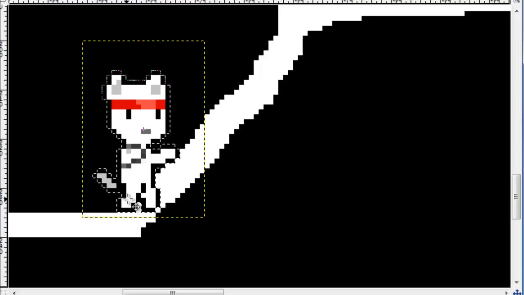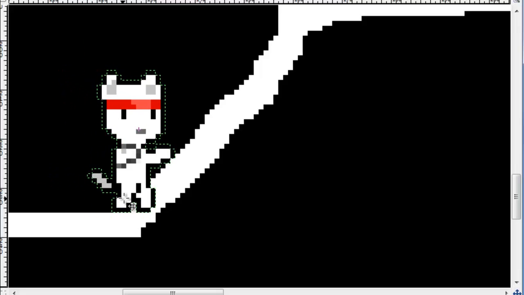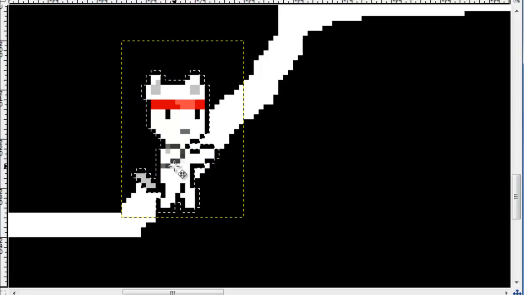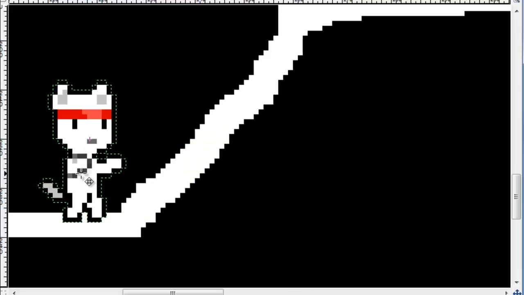Anyways, this just doesn't detect the slope. We just keep moving to the right, and we fall. So that's what's happening there.